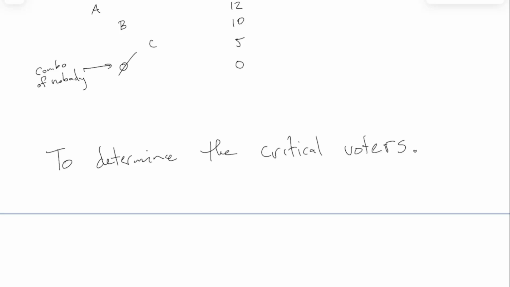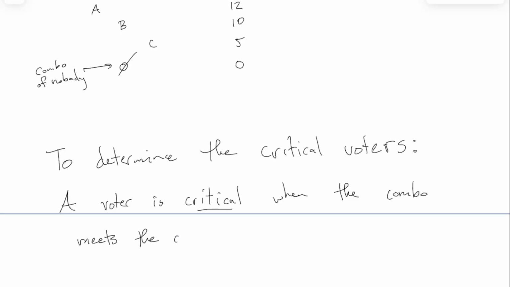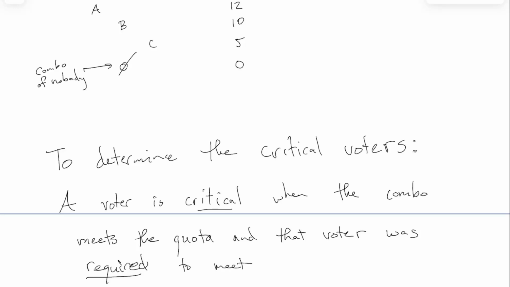To determine the critical voters, I'll write a little definition here. A voter is critical when the combination meets the quota and that voter was required to meet the quota.